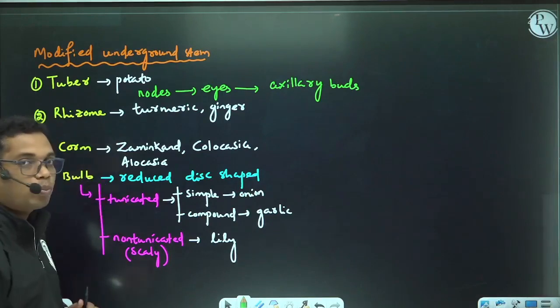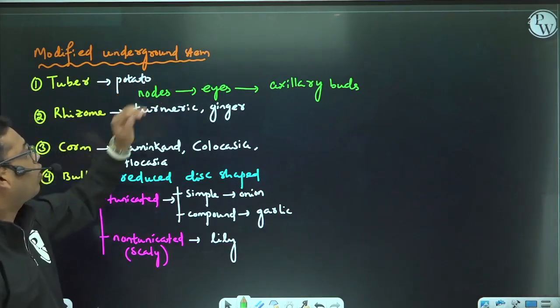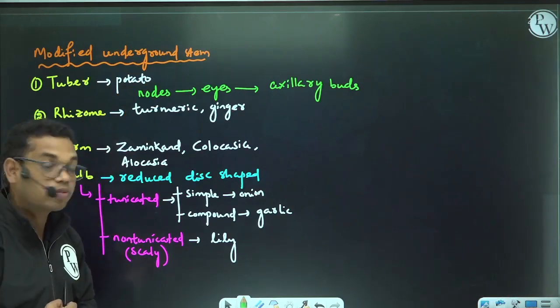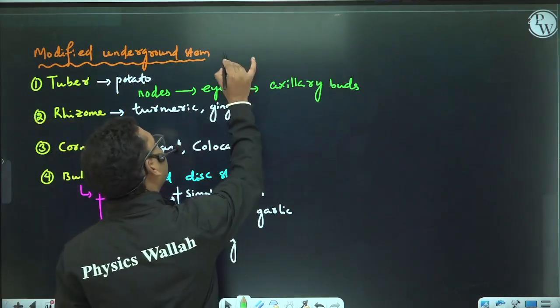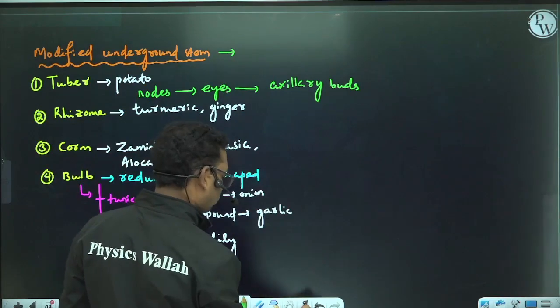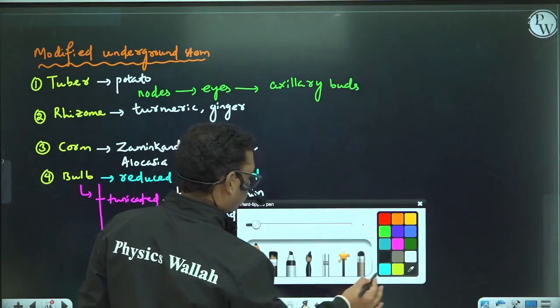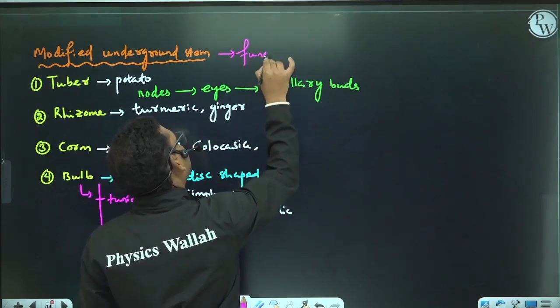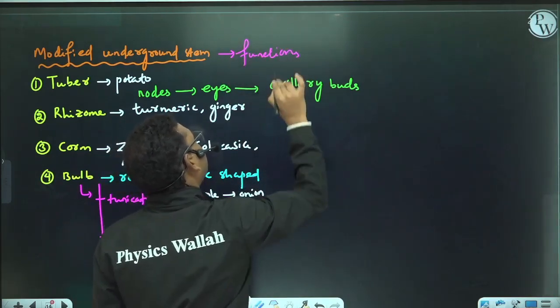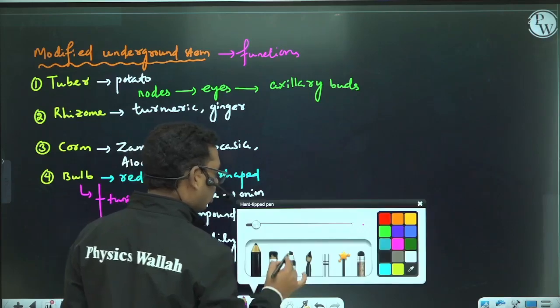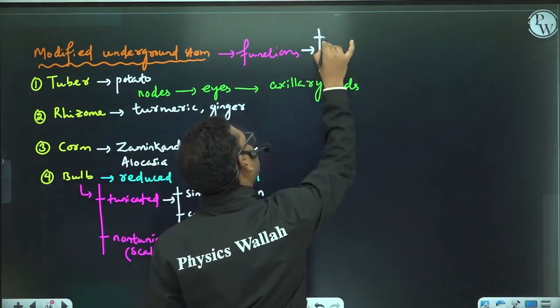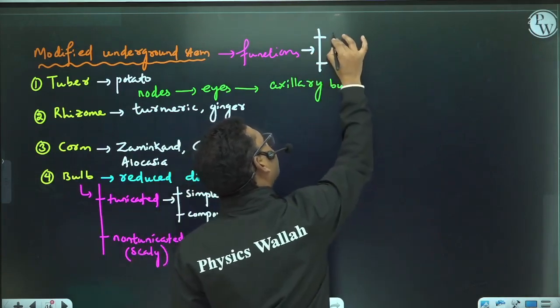And one more point, that all the underground modified stems have two functions. What are those functions? The functions of the modified underground stem are, one function is they help in storage of food.